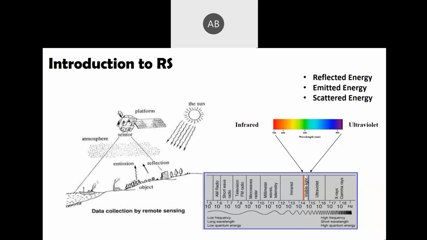If you have studied physics, you will understand that sometimes it behaves as packets of energy, given by the photon, or sometimes you can think of it as waves representing different wavelengths. From the sun, these energies come in the form of waves. Then we have the atmosphere in between. Some of these energies or waves can penetrate the atmosphere.